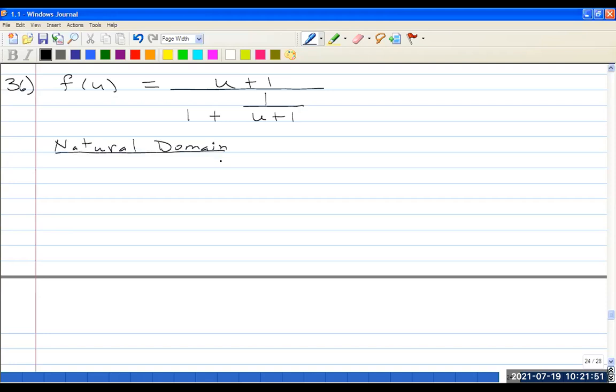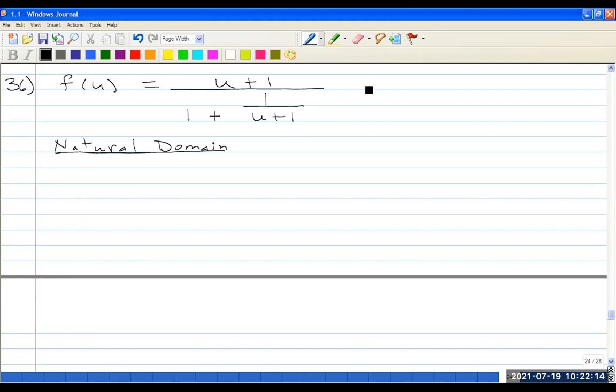So the natural domain is the largest possible domain. When we define a function, we must specify not only the rule, but the domain. But the unfortunate thing is that we often only define the rule. So we just have a rule here, and we are not saying what the domain is.